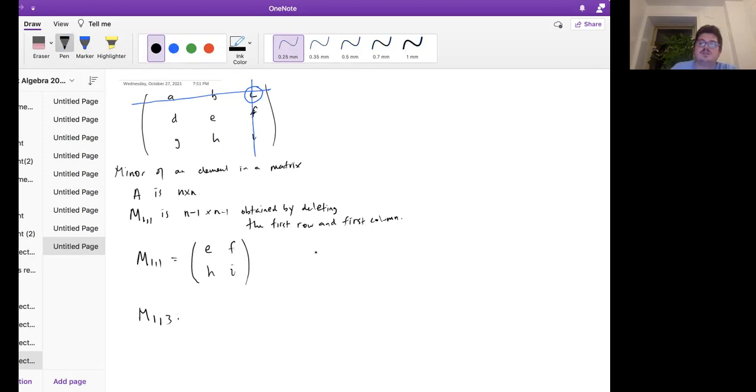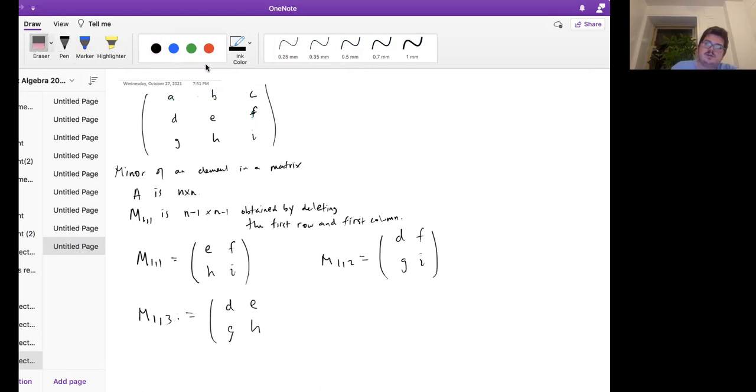Right, so 1, 2 would be what you said, D, F, G, I. Yeah, and then 1, 3 would be D, E, G, H. And for 1, 2, I just read out what's left over, D, F, G, I. Everyone get the concept there?